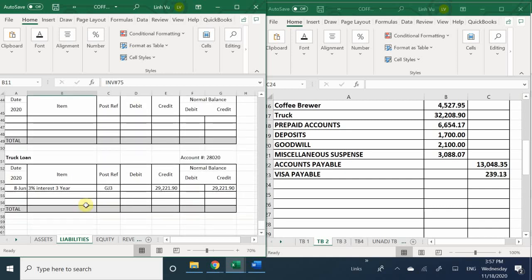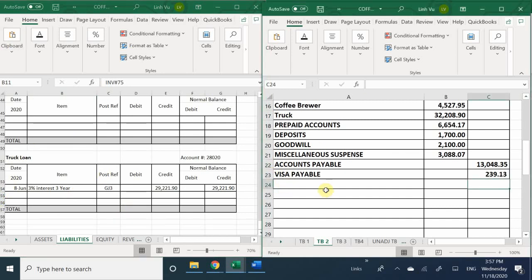Nothing yet. The truck loan. Yes, oh, yes, we have that. Okay. No worries. That's why I made it clear that the main accounts are capitalized, the sub accounts are not capitalized.